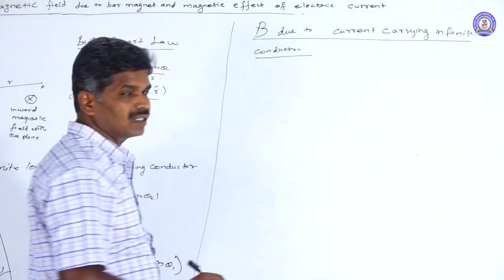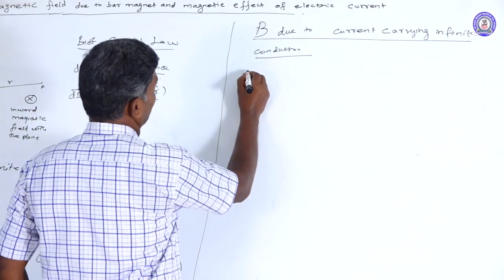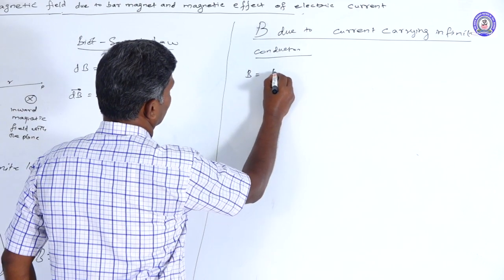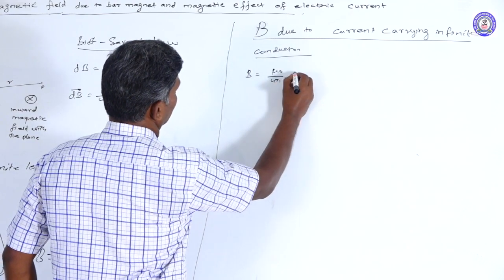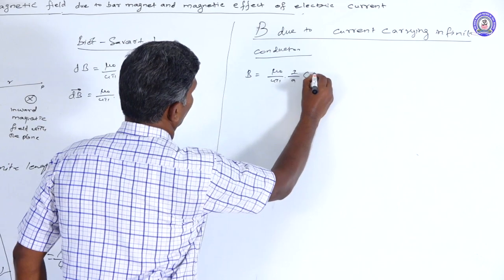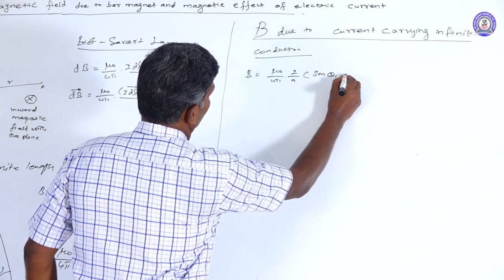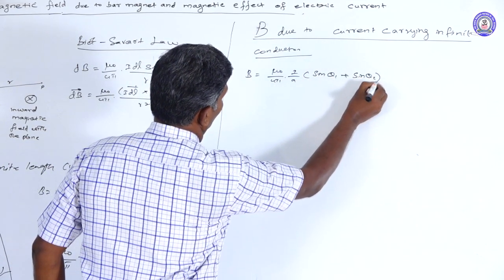Already for the finite length we have the magnetic induction formula: B is equal to mu naught by 4 pi into I by A of sin theta 1 plus sin theta 2.